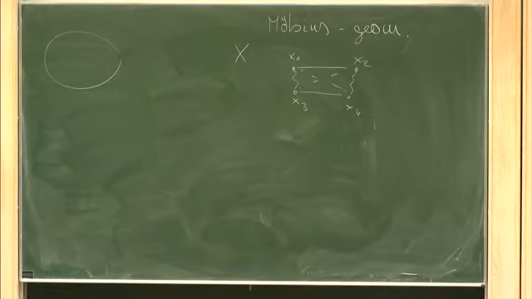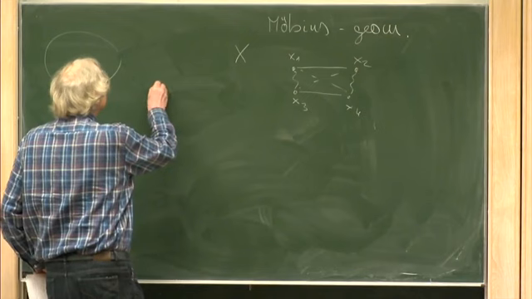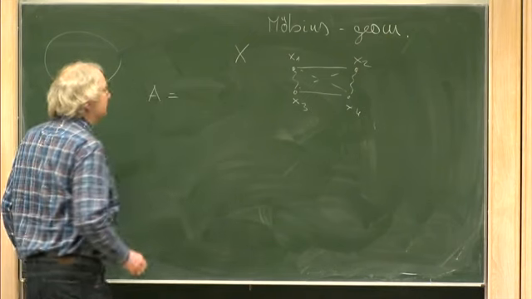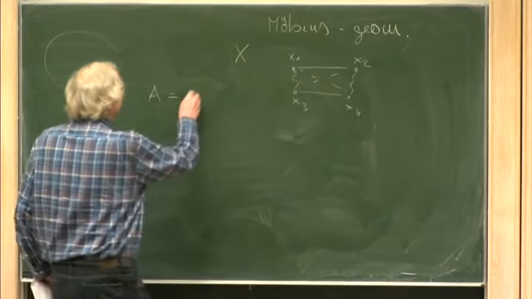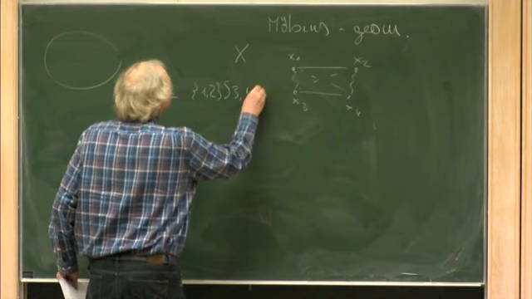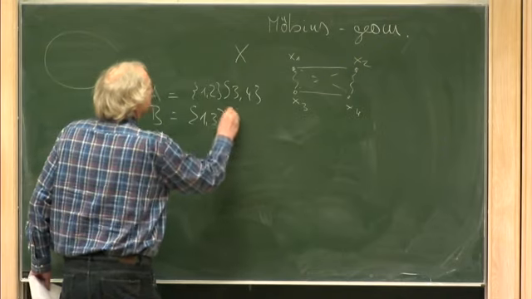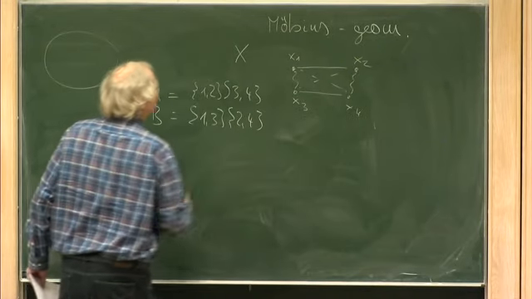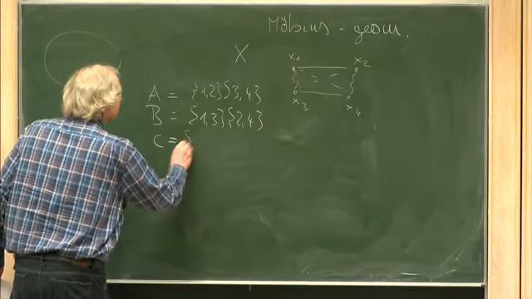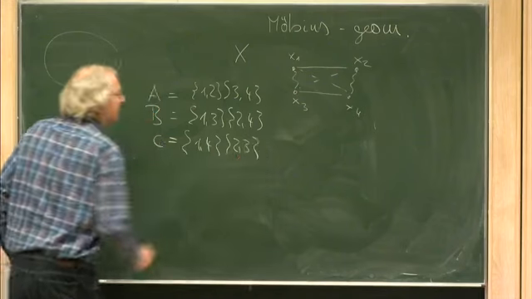And maybe I give these pairings names. Let's say the first pairing is called A. This is the 1, 2, 3, 4 pairing. B is the 1, 3, 2, 4 pairing, and C is the 1, 4, 2, 3 pairing.